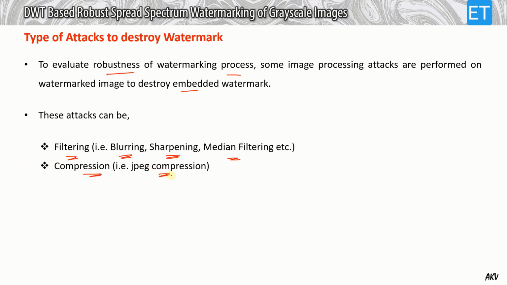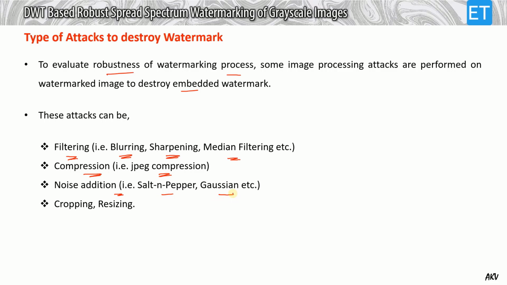You can go for JPEG compression. So you can save the watermark image with different compression ratios to destroy its quality. And noise addition is another very common attack. You can add some noise such as salt and pepper or Gaussian noise to the watermark image, and you can see whether you are able to extract your watermark or not.